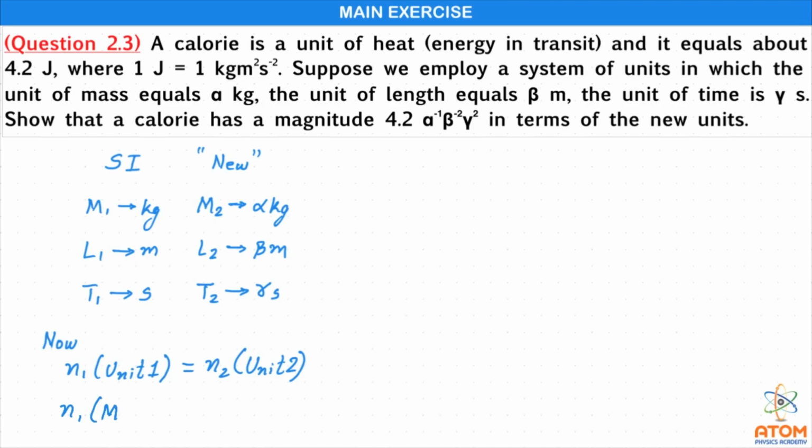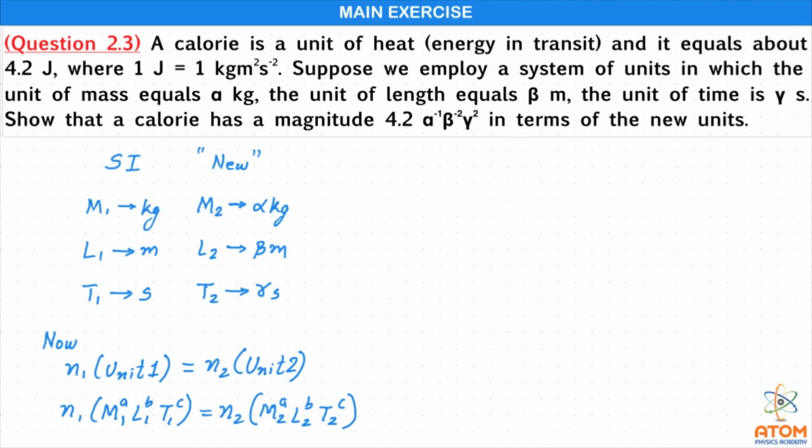Here I can write N1 M1 raised to A, L1 raised to B, and T1 raised to C is equal to N2 M2 raised to A, L2 raised to B, and T2 raised to C. Obviously here the power of MLT will be same, because we are talking about one physical quantity.